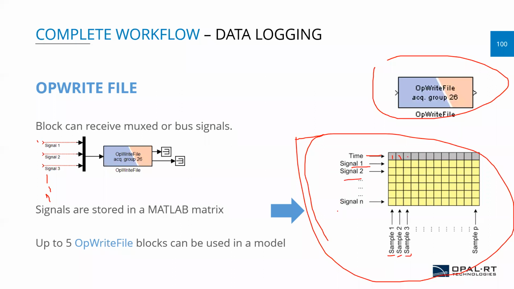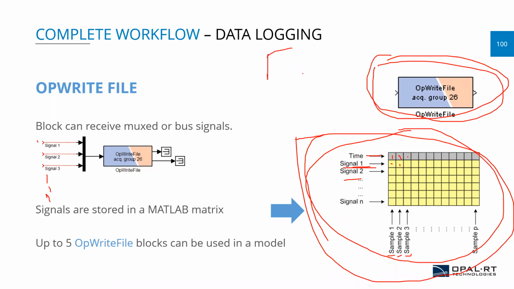This is the discrete sample value of each signal, and it will be saved in your .mat file. Then you need to plot using the sample and signal, and you will get your real-time result. Always put the OP write file in the master part. If you put the OP write file in the console part, you will not get a real-time result. You will get the result of your console, which runs in your host PC, not in real time.